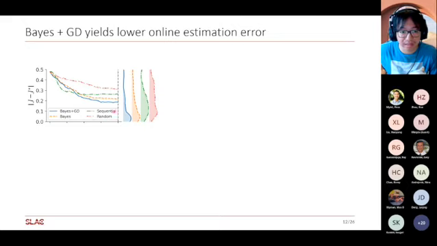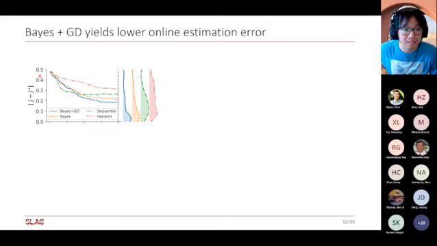So here is the benchmark result over 100 different sets of parameters J and D. The horizontal axis is the measurement iteration. So here's 0 measurements, and here you have 40 measured delay times.